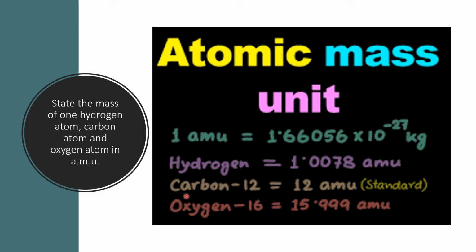And then one carbon-12 atom has 12 AMU. And then one oxygen-16 atom is 15.999 AMU. So what I want to tell you here is AMU is just another unit that we use to substitute kilogram. That means in nuclear decay, sometimes we don't like to use kilogram. We like to use AMU as our unit.